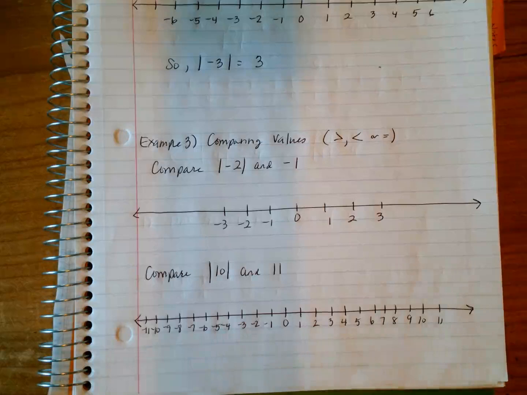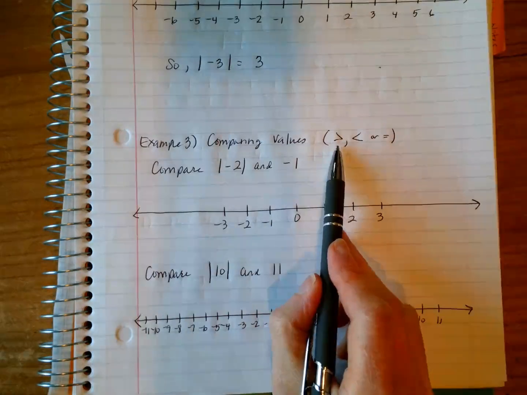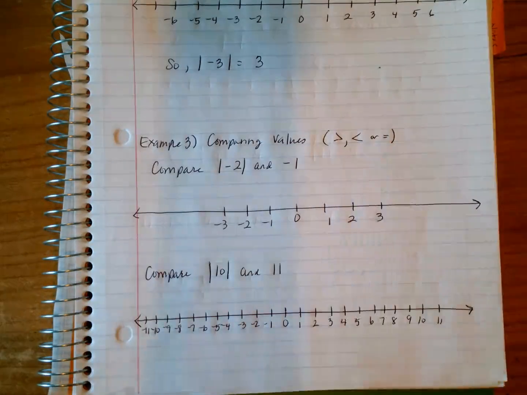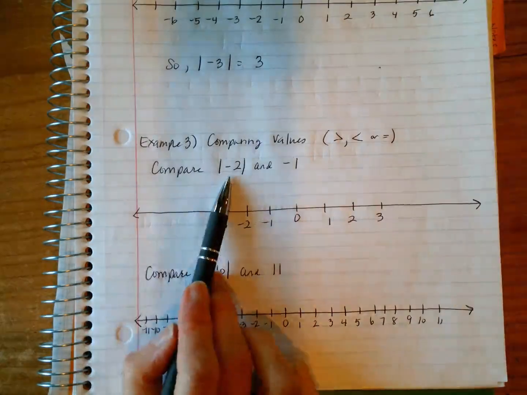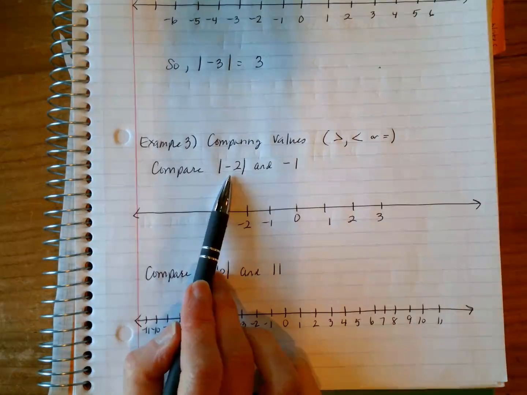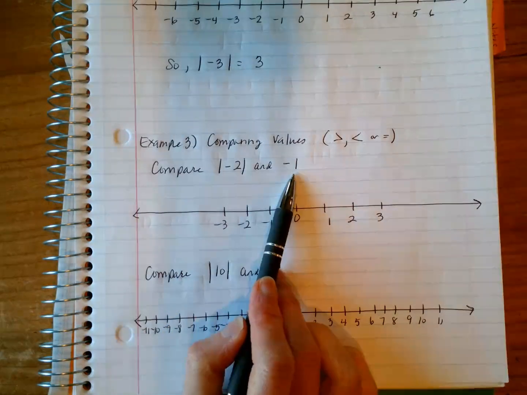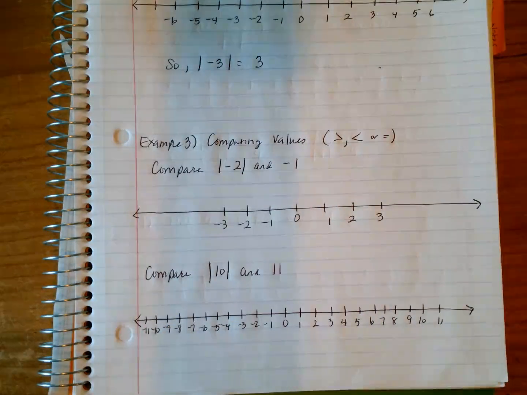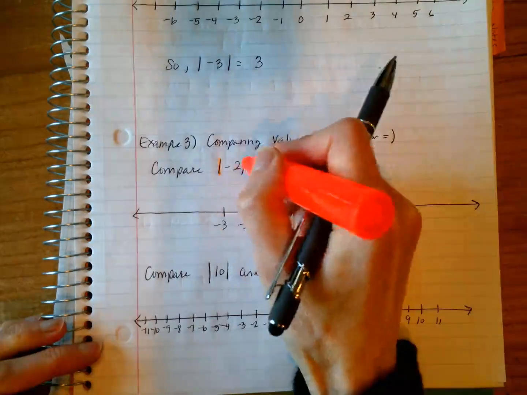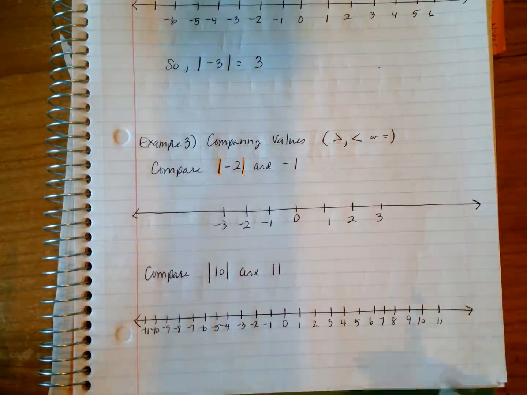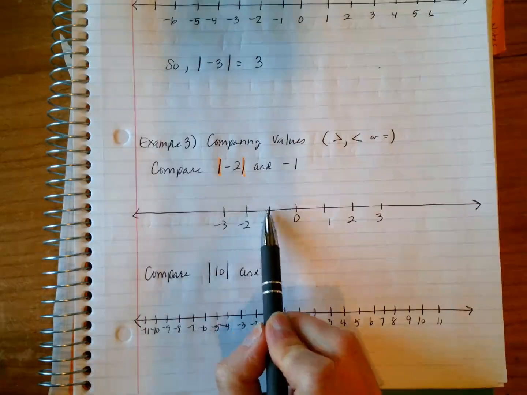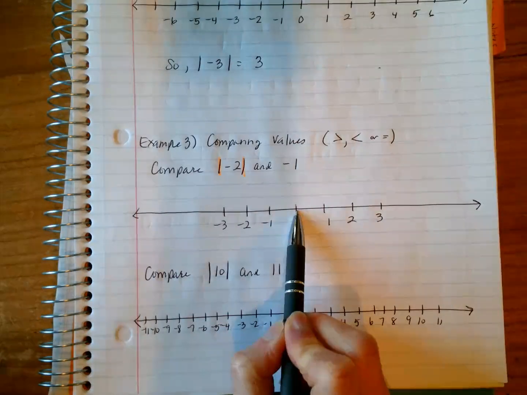So let's work on comparing values in terms of which number is greater than, less than, or equal to. We are going to find and compare the absolute value of -2 to -1. First find the absolute value of -2. Well, -2 is here. It's 2 away from 0.